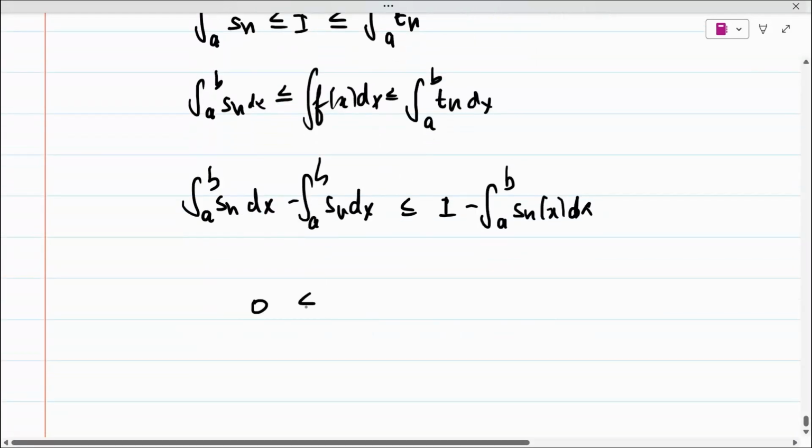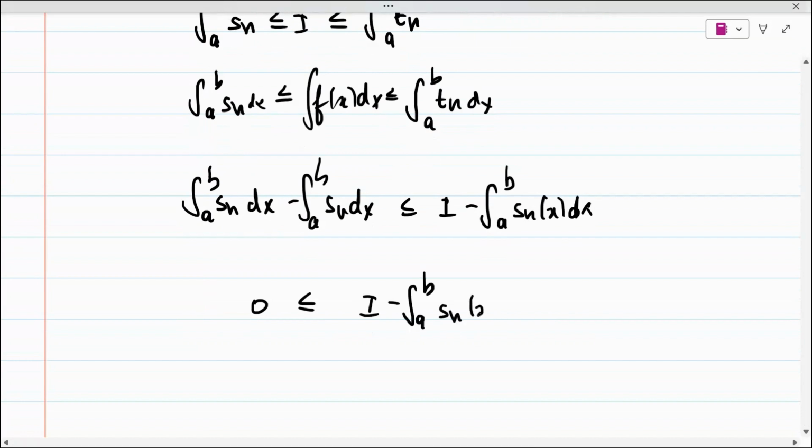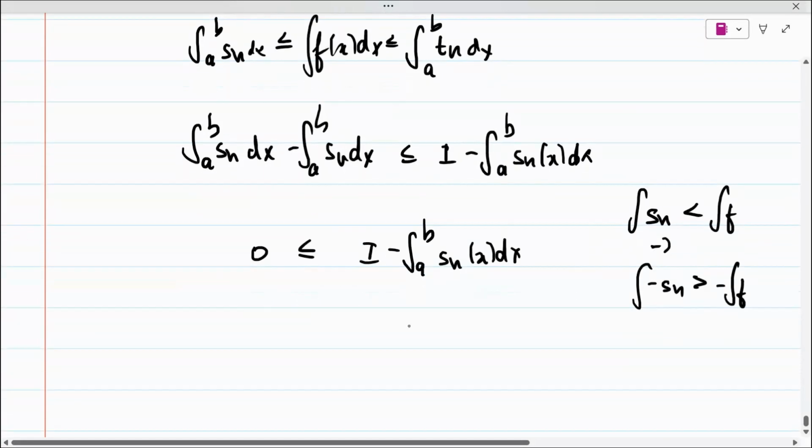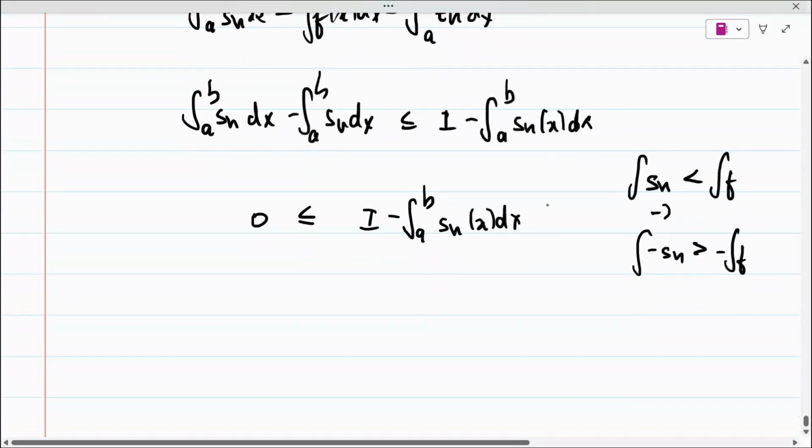So 0, but we know that this is less than this, which implies minus Sn is greater than Sf. So since it is greater, you can directly just substitute it. So we have our first side of the inequality.